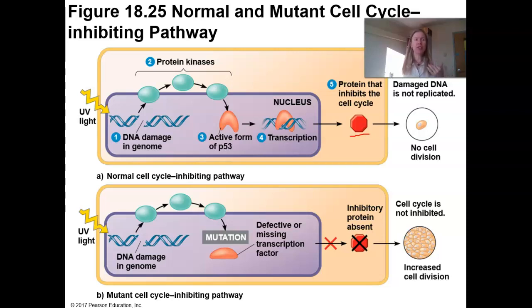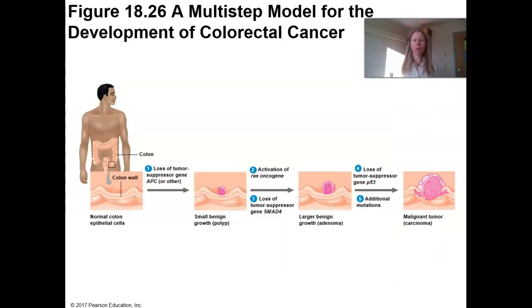But if there's a mutation in that tumor suppressor gene, and we have a mutated P53, now there may be damage to the DNA and we don't stop the cell from dividing, right? And so again, both of those are going to contribute to cancer. We kind of get uncontrolled cell growth, like the gas pedal on your car is stuck to the floor, right? We're dividing, and the brakes went out, right? There should be a normal protection by tumor suppressor genes.